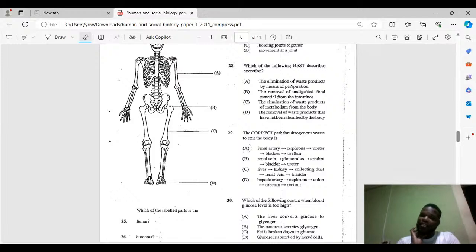Where is the humerus? They're seeing A for humerus. All right, so what is D?